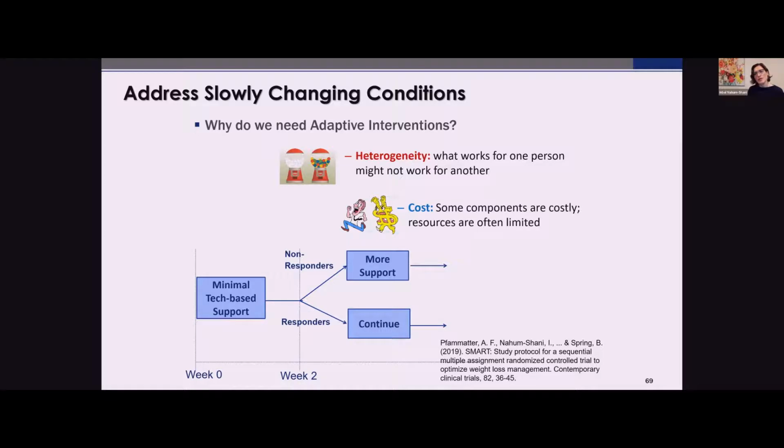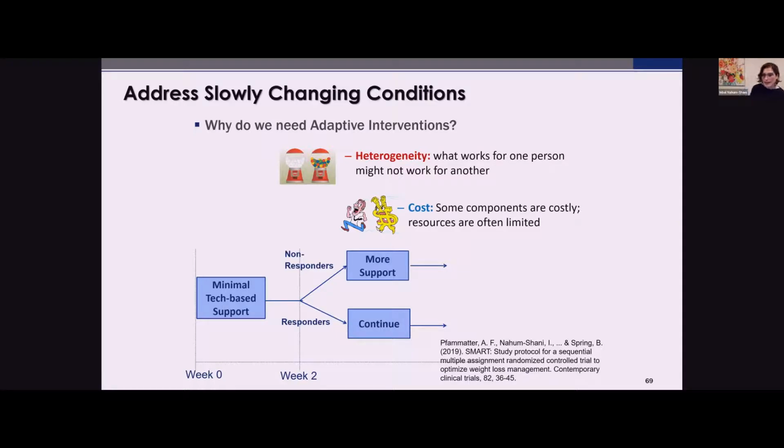The first is that there's high heterogeneity in response to pretty much any given treatment. And what do I mean by heterogeneity? I mean that the treatment that works for me may not work for you. And the treatment that works for me now may not work for me in the future.